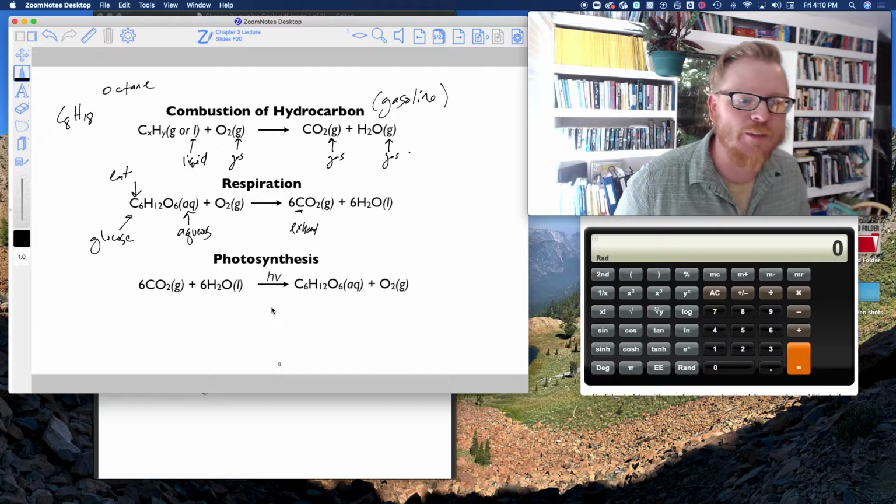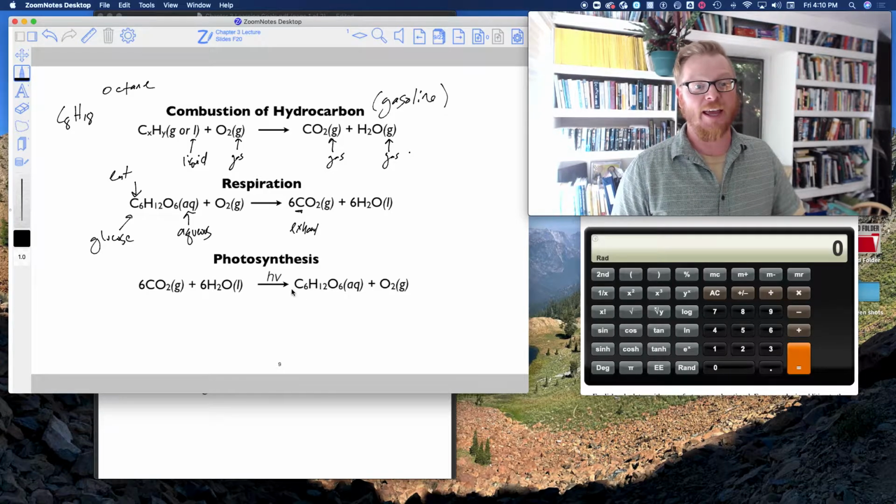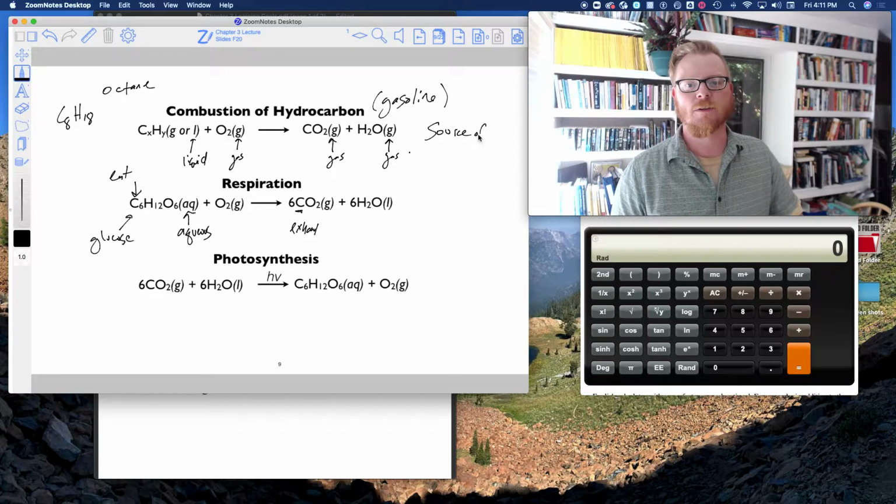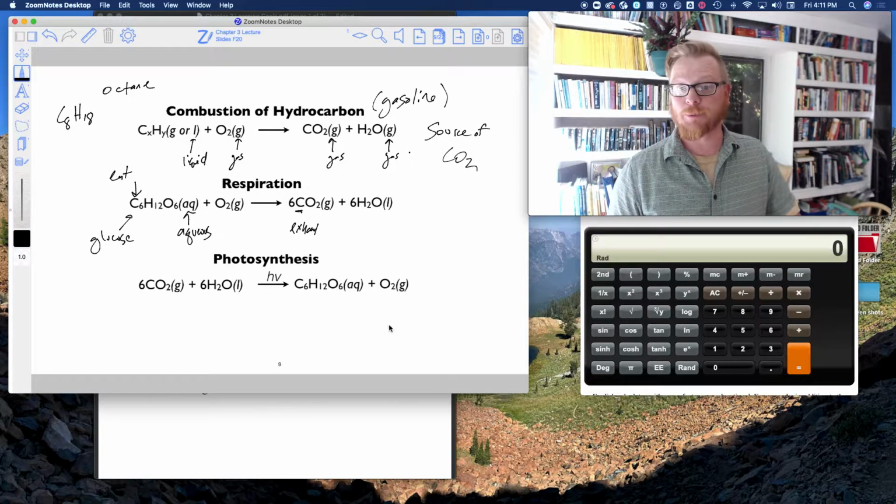And now let's compare that to photosynthesis. It's the reverse of respiration, okay? So what that means is combustion of hydrocarbon is a source of CO2, okay? Respiration is a source of CO2.